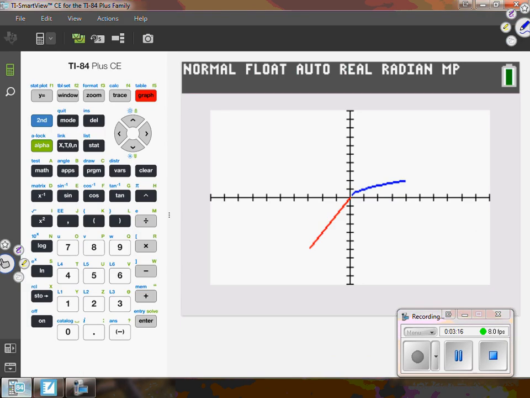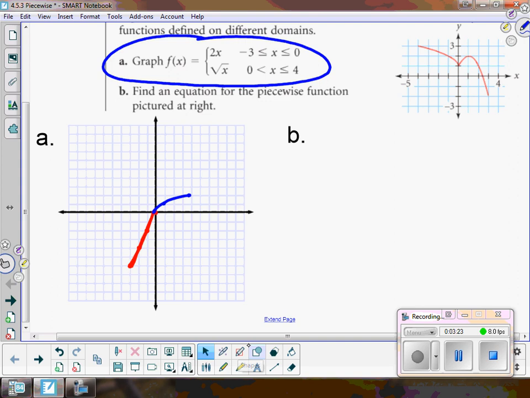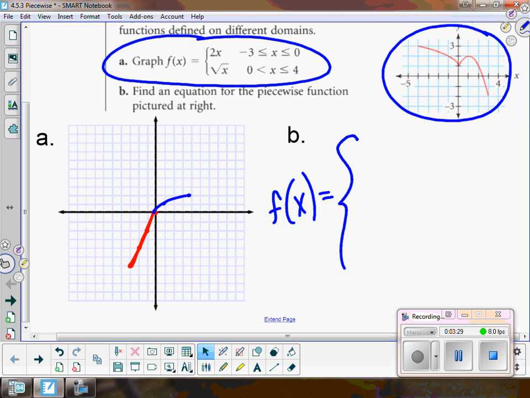Go ahead and practice a few more of these. Okay, so let's try, I think in class on page 33 we came up with the equation for this. Remember, it was f of x equals, and then two different functions. So let's take those two functions and try to put them into our graphing calculator and see how you do.